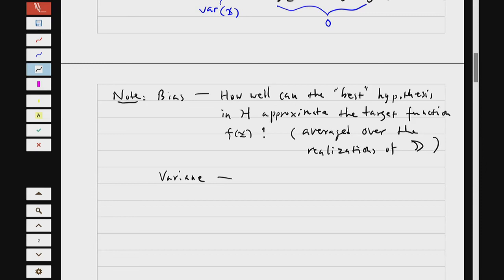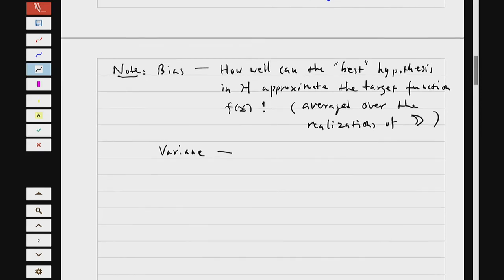So this tells you how sensitive your final hypothesis is with respect to your training data points, with respect to D. That's what the variance means.